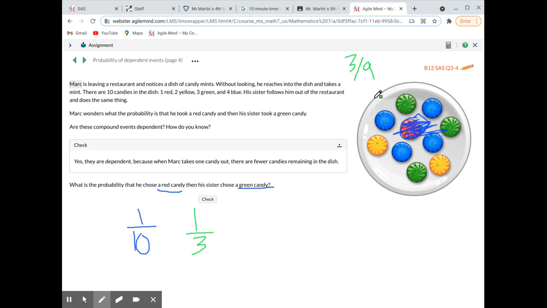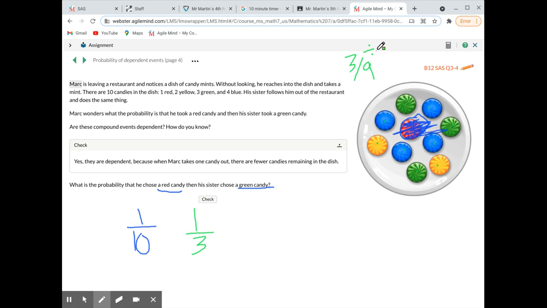How do you make 3/9 become 1/3? You said that our answer was 1/3. I agree with you. I just want to know how you make 3/9 become 1/3. Don't you divide it by 3? That's right.